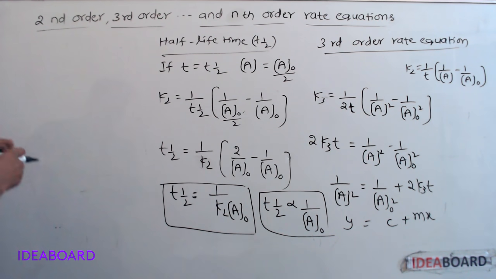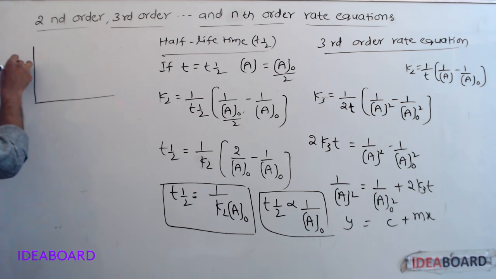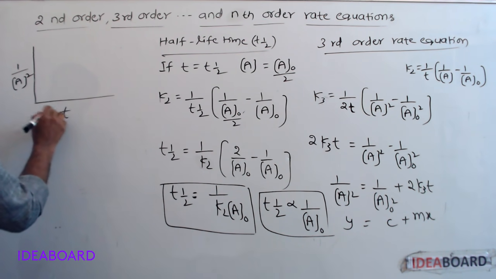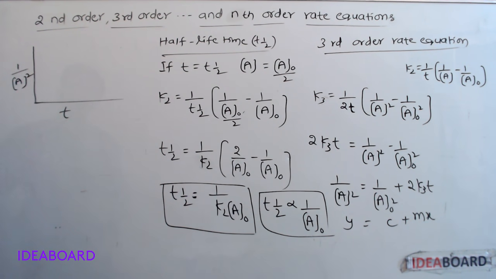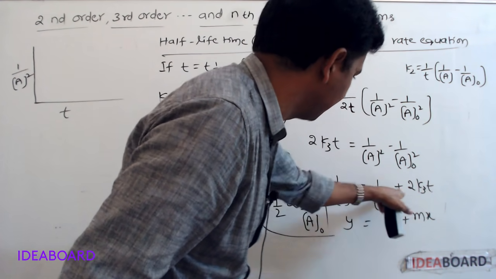When a graph is plotted between 1 by A concentration square and time, y is equal to mx plus c.